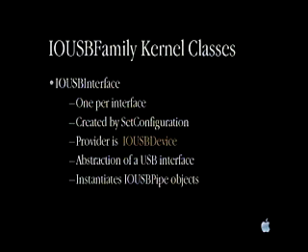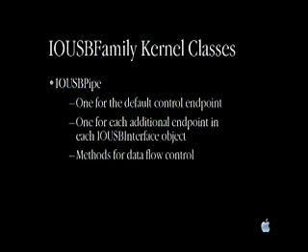When we create the IOUSBInterface object, we will also instantiate IOUSBPipe objects for each of the pipes in the interface. There will be one for the default control endpoint, and we'll also create however many objects are needed to match against all the other endpoints that are specified in the interface descriptor.